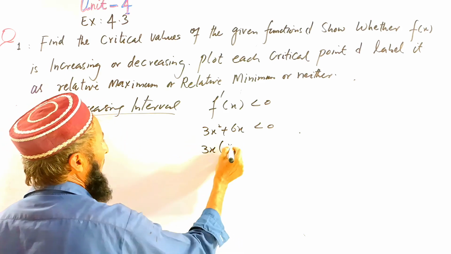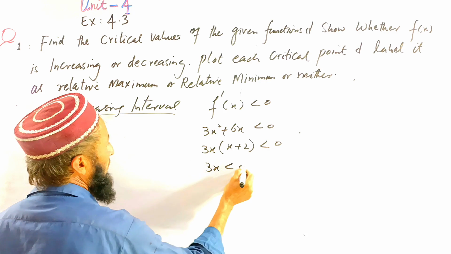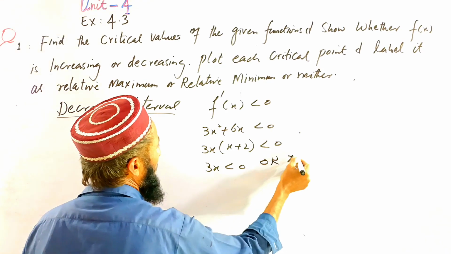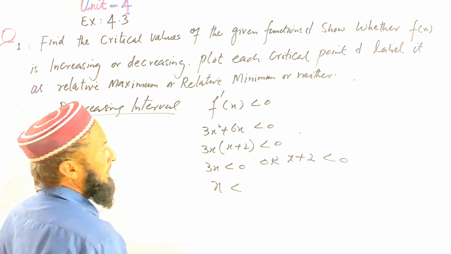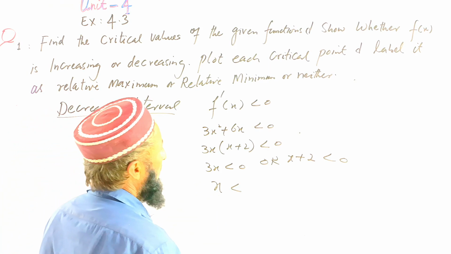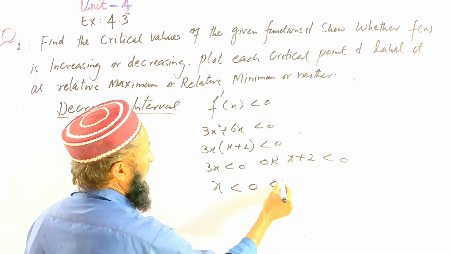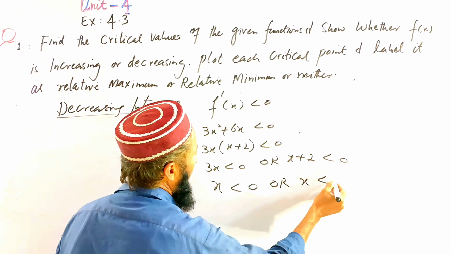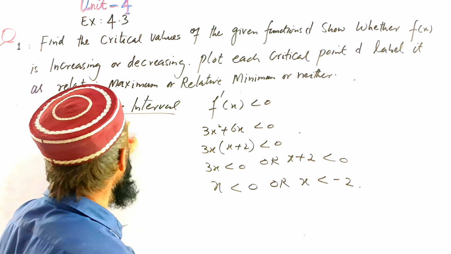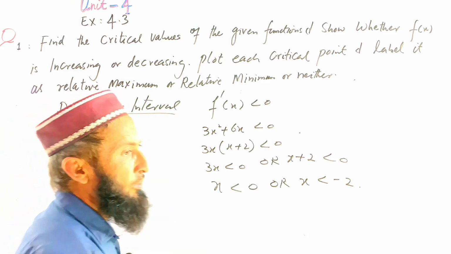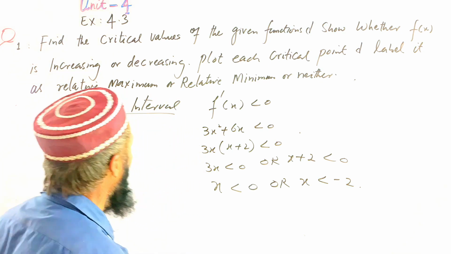Taking 3x common, 3x into x plus 2 is less than 0. But there are two possibilities for the decreasing function: the two factors are in opposite signs.